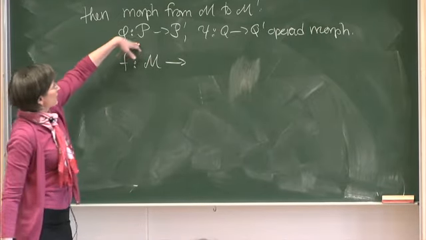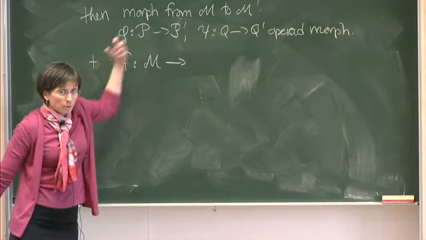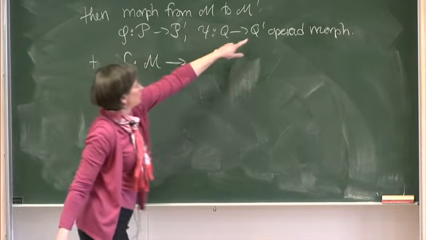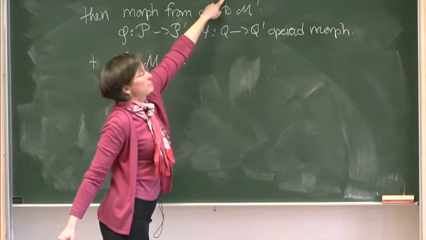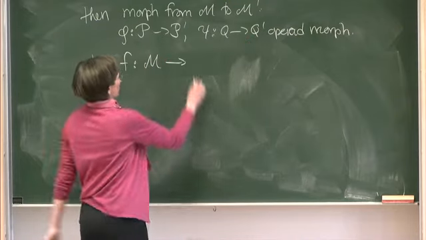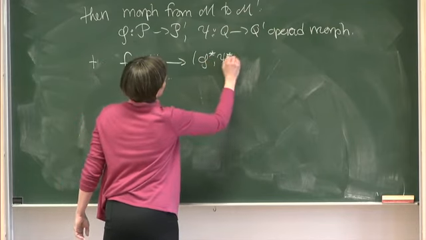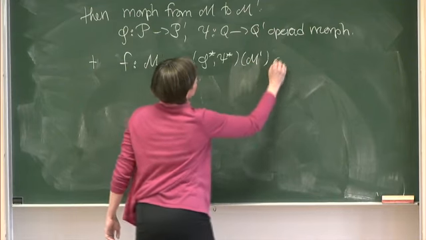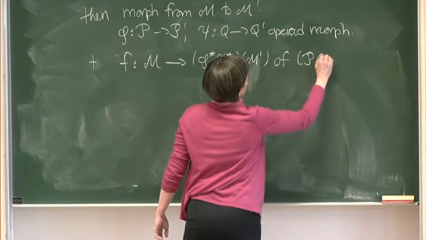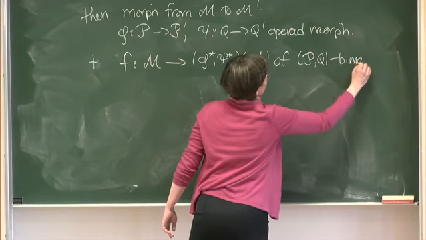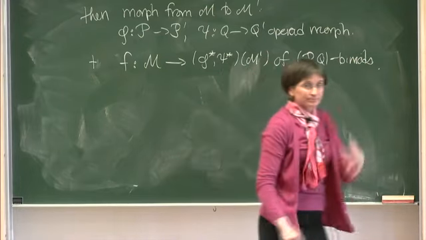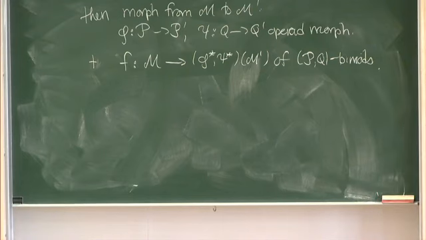So I'm going to use phi and psi to pull back the P prime Q prime bimodule structure on M prime to a PQ bimodule structure. So I'll write it like this, a morphism of PQ bimodules. So I have this kind of structure here.